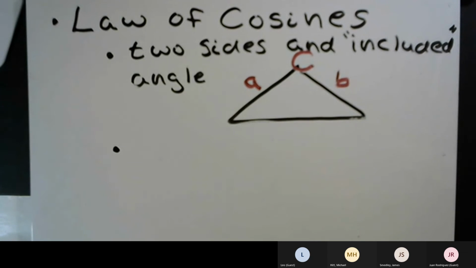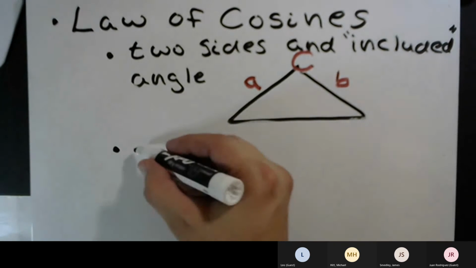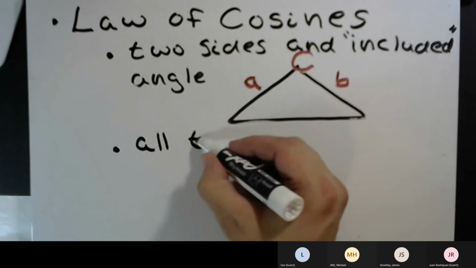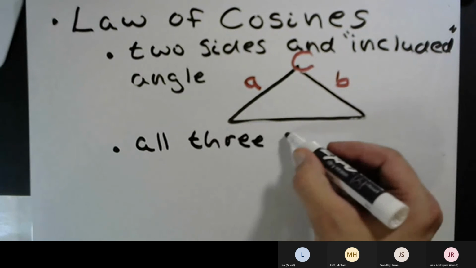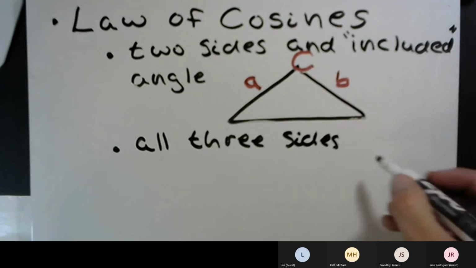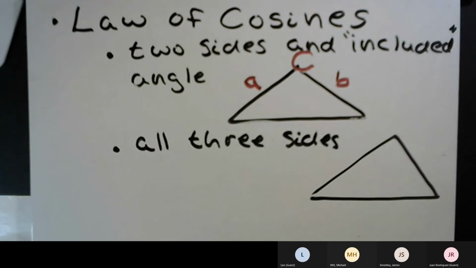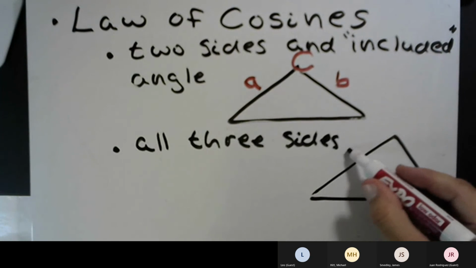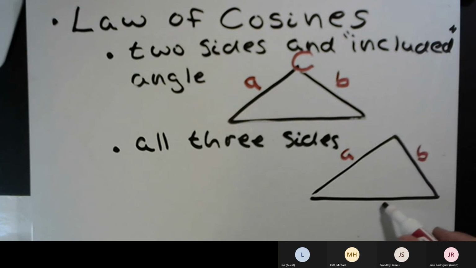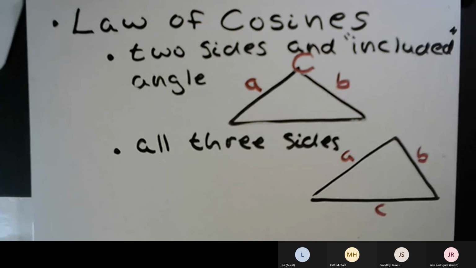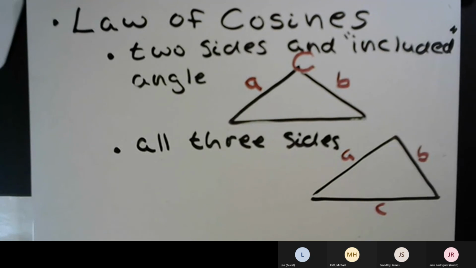And then the second situation, we have all three sides, but no angles. Questions about that?